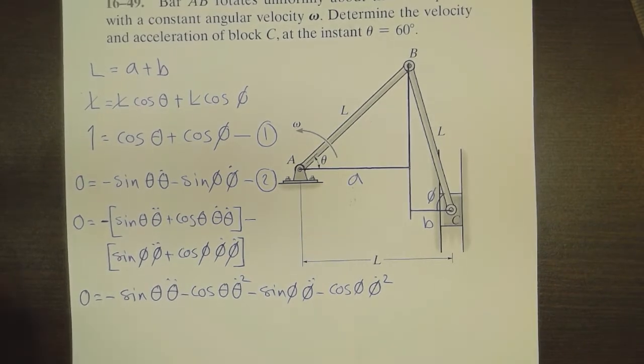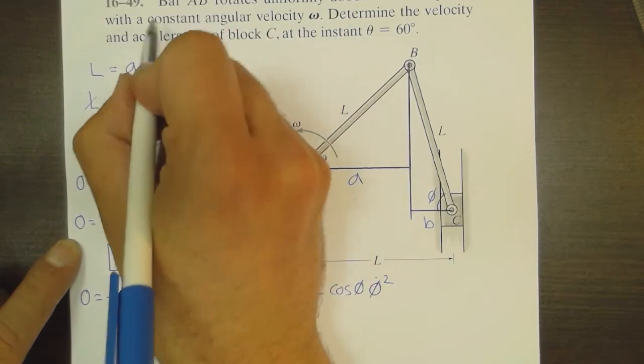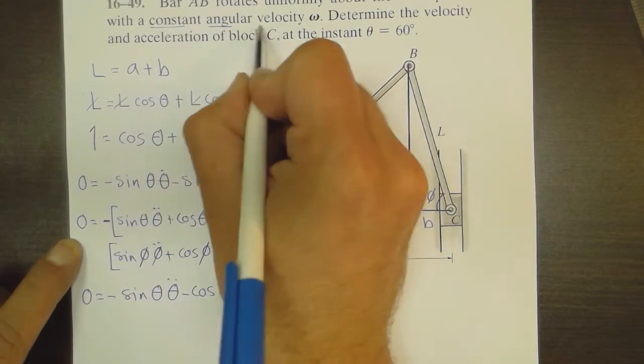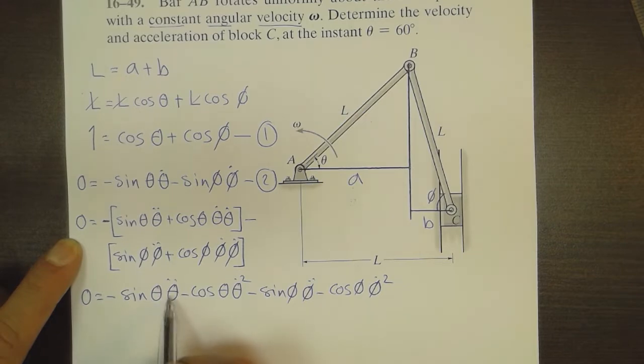Now we know already that this bar is rotating with a constant angular velocity. This means that phi double dot is 0. The angular acceleration is 0.